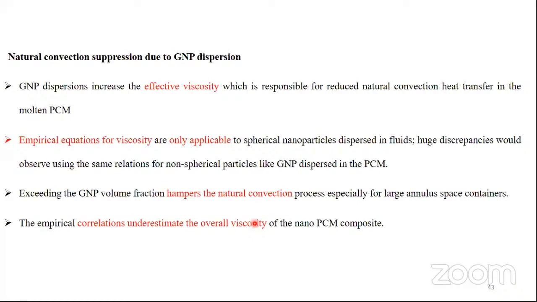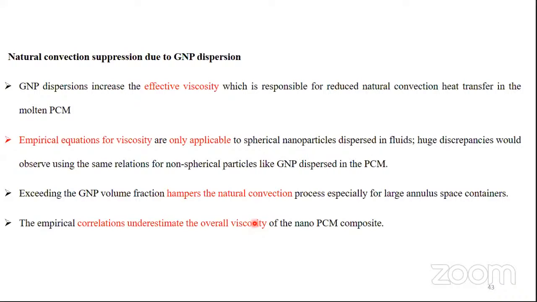Now empirical equations for viscosity are therefore utilized to find out how these spherical graphene nanoplates, which are dispersed in the fluid, can be modeled, for observing whether there is any correlation between the non-spherical particles of the graphene nanoplates dispersed in the PCM and the spherical graphene nanoplate particles, to find out any strong correlation between them.